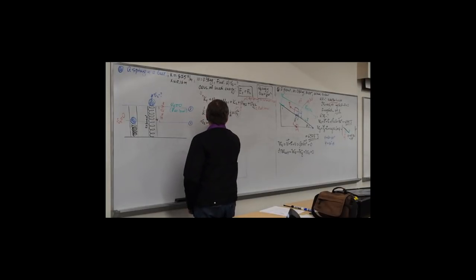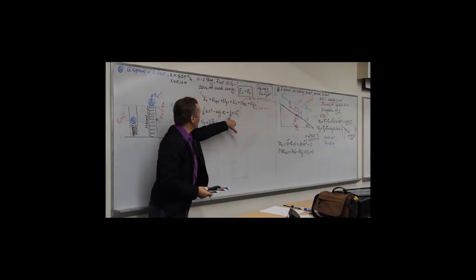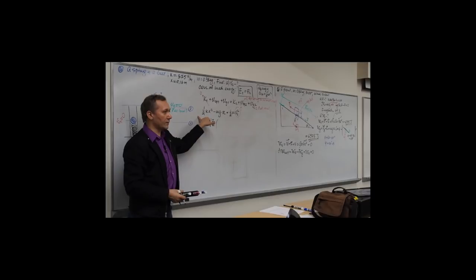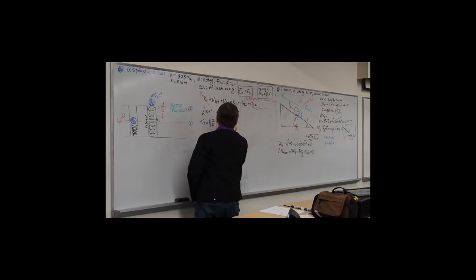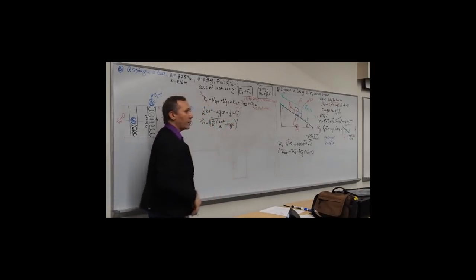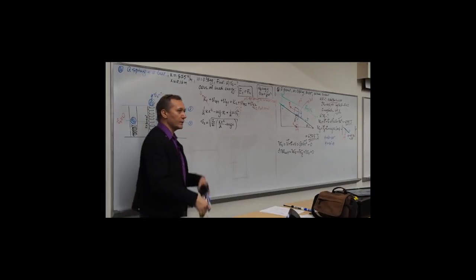V2 equals the square root of 2 over m. Again, I will just take this 2, bring it upstairs. This m goes downstairs, on the other side of the equation. So it will be kx squared over 2 minus mgx. Of course, you can factor out x, or do whatever you feel like doing.